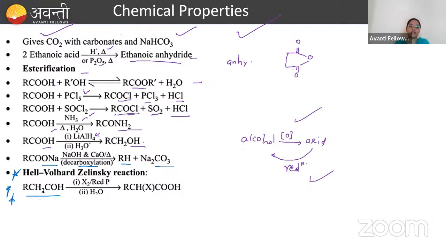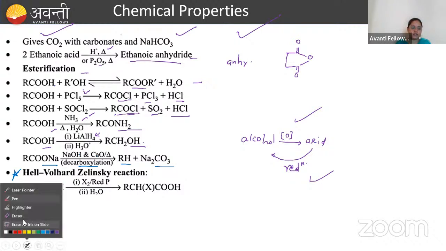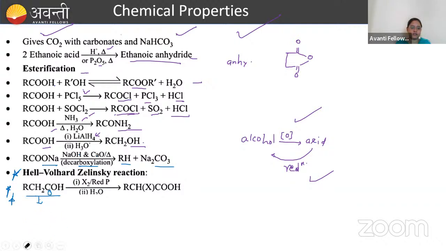So here in the Hell-Volhard-Zelinsky reaction, what happens is that RCH2COOH is the reactant, with the COOH group. When it reacts with X2, that is halogen, in presence of red phosphorus and hydrolysis takes place, there is a formation of this kind of molecule, that is RCHXCOOH, with X attached here.